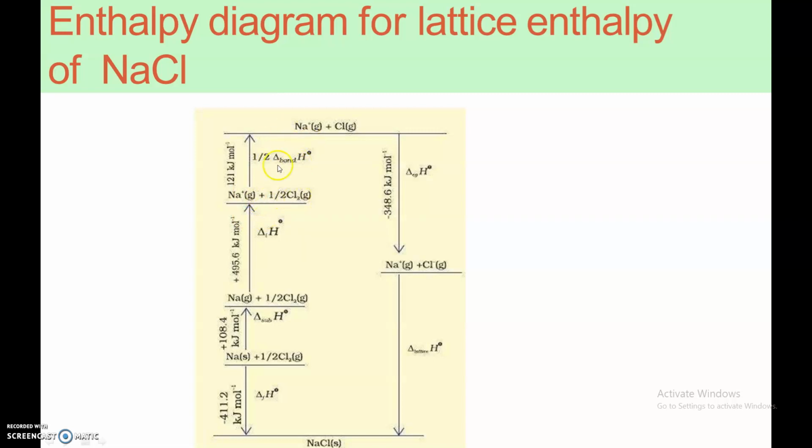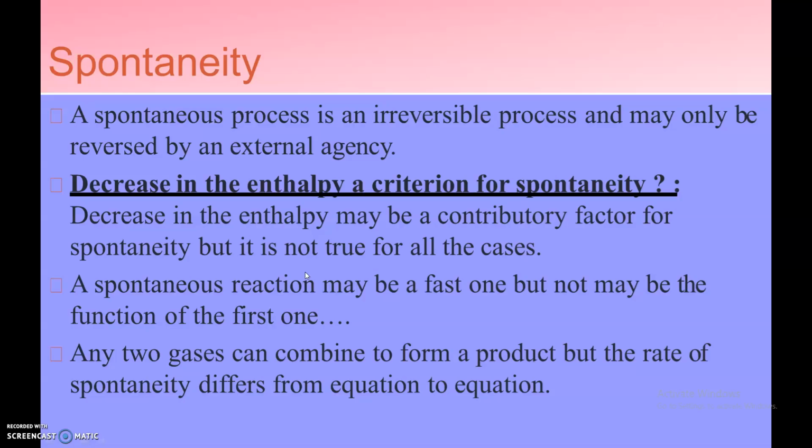So we require bond dissociation energy. Then it will change to the gaseous state. It is solid, then gaseous state. So it will undergo sublimation, then fusion. So it will undergo several steps. So you take the sum of all of these.